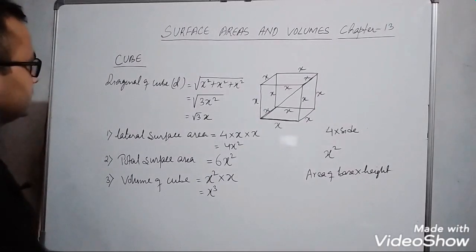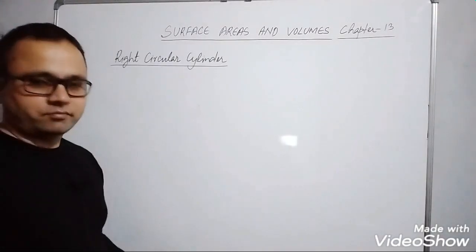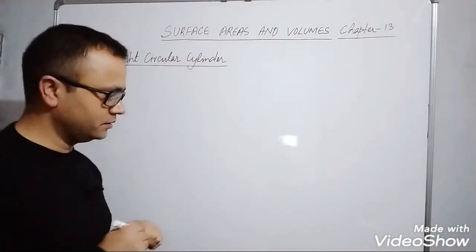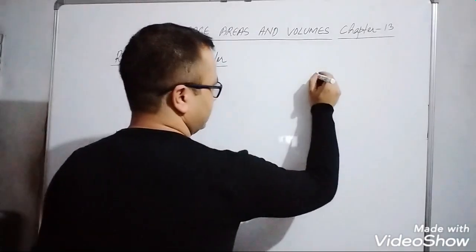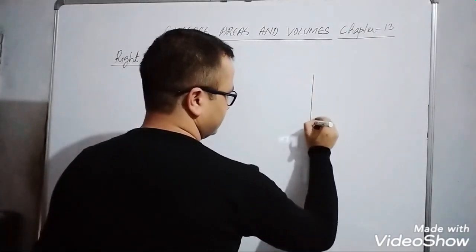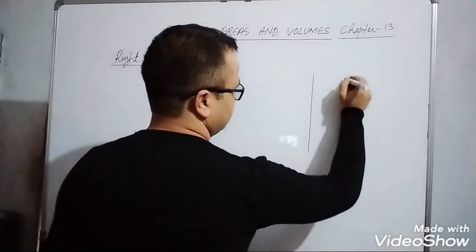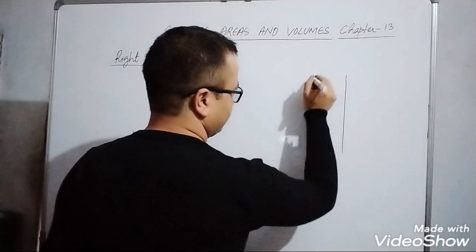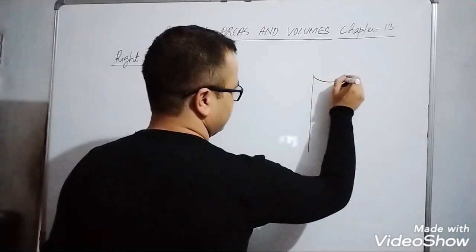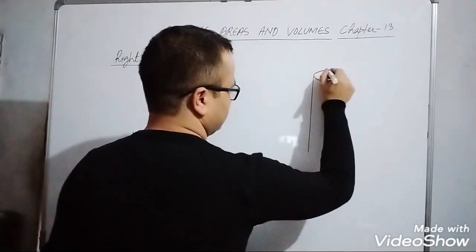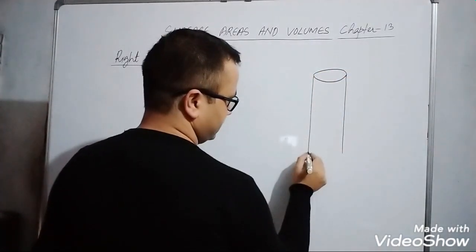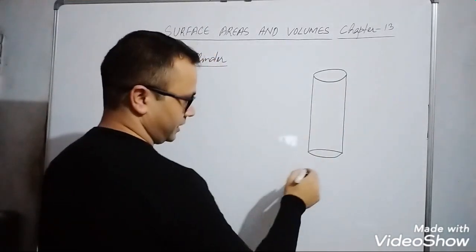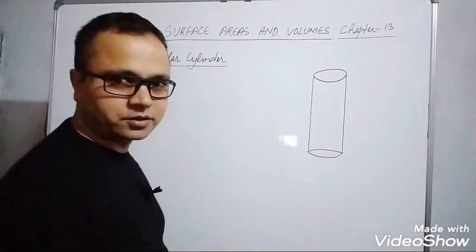Now move to the cylinder. Okay, next is the right circular cylinder. This is the right circular cylinder. Now the upper part and the lower part of the cylinder are in the shape of a circle.